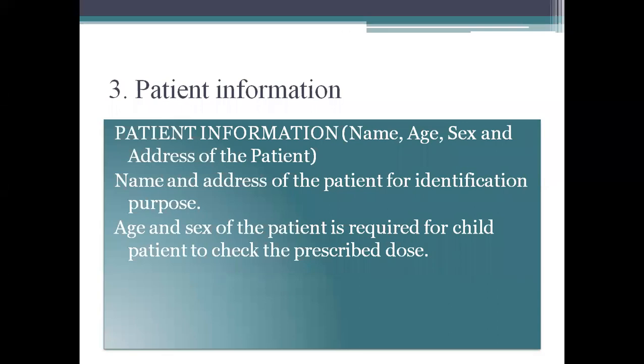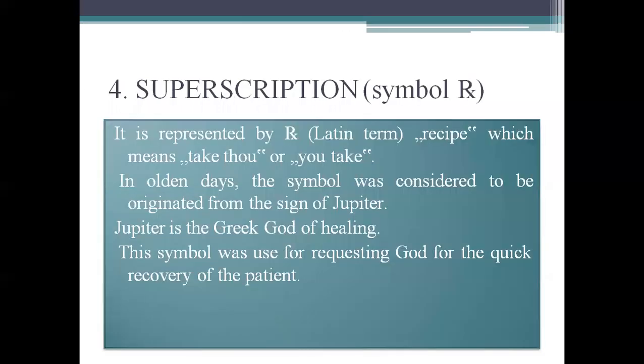Why is this required? Because of easy identification of the patient, and the age and sex are required to check whether the patient is old age, a child, or an adult, to check whether the doses of prescribed medicines are correct or not. So this patient information is important.